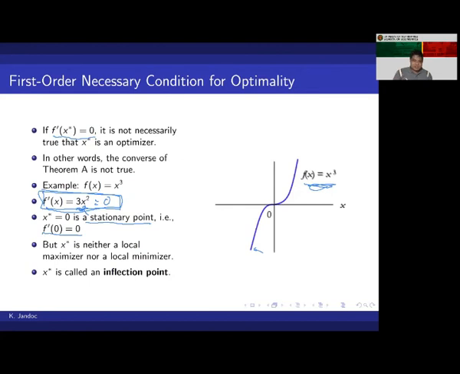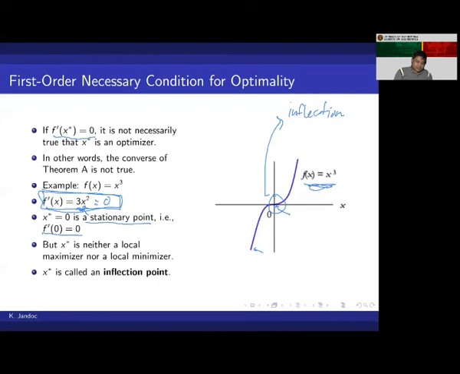But the question is, is it an optimizer? Is it a maximizer or a minimizer? Not necessarily, because as you can see here, at x equals 0, this is neither a minimizer nor a maximizer. It will not give you the highest or lowest value of the function. In fact, this is what's called an inflection point.